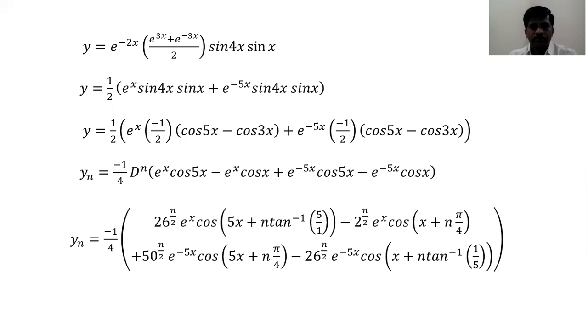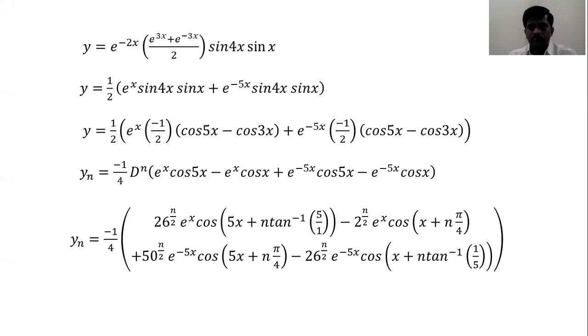Plus the third term nth derivative: a value minus 5, b value 5, 25 plus 25, 50 power n by 2 into e power minus 5x into cos of 5x plus n into tan inverse of b by a, 5 by minus 5, tan inverse of minus 1, here 3 pi by 4.